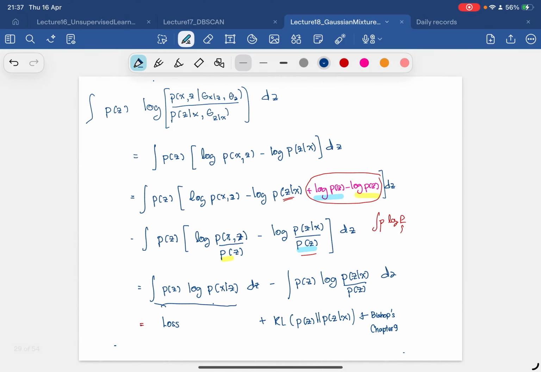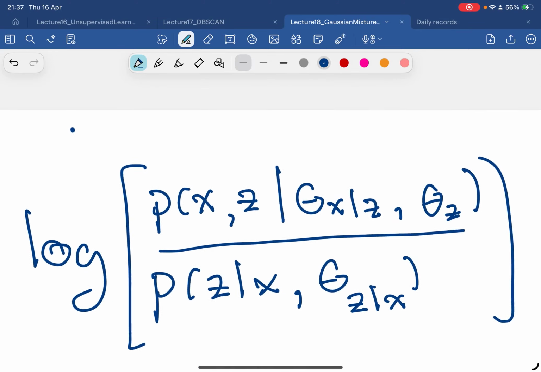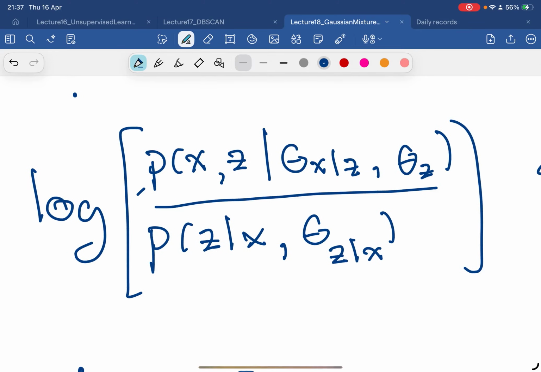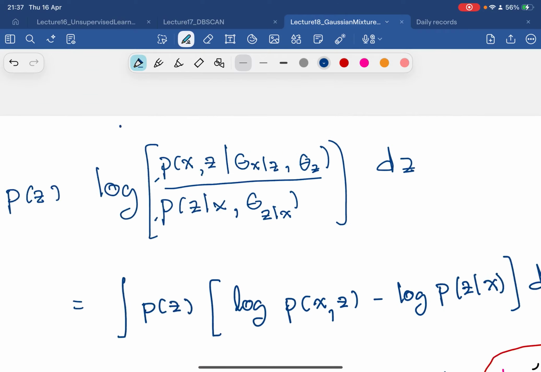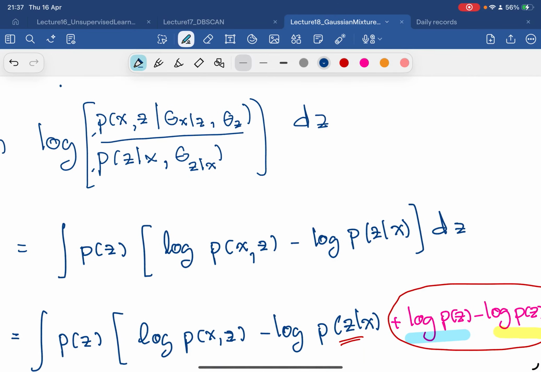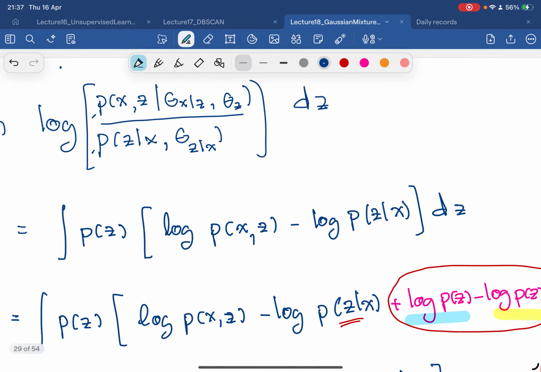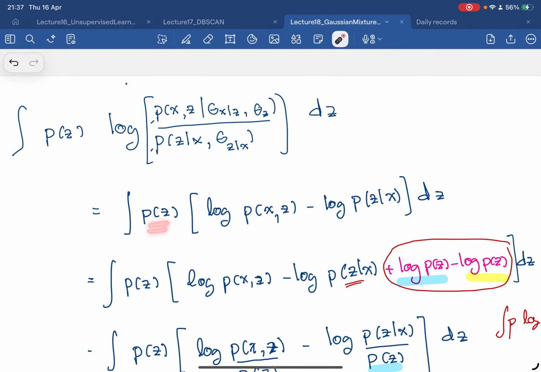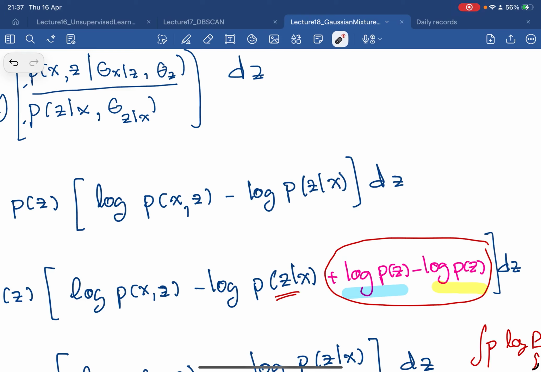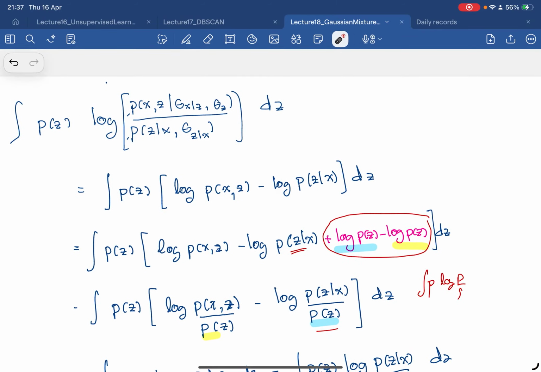First of all, when we have log of a divided by b, we can decompose it as log of a minus log of b, just like that. Our p of z still stays the same wherever it was. And we intentionally add a log of p of z and subtract p of z, because we want to do something about log of p of z given x.